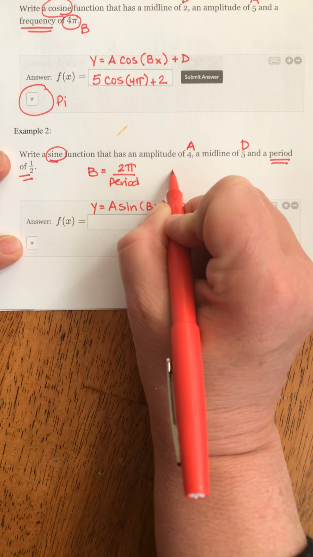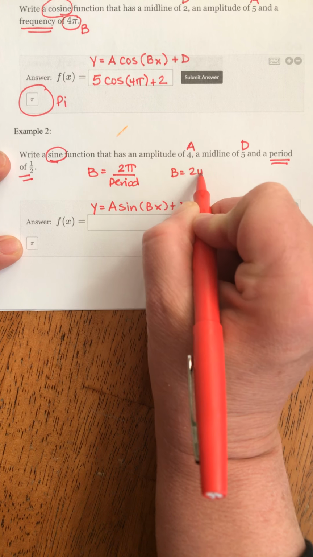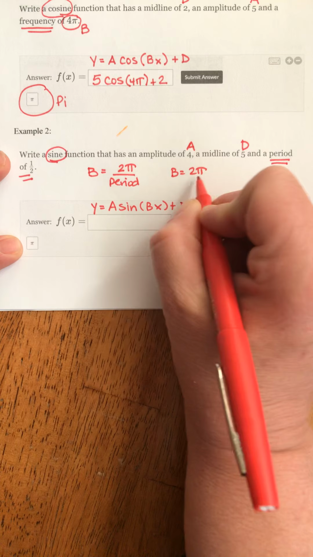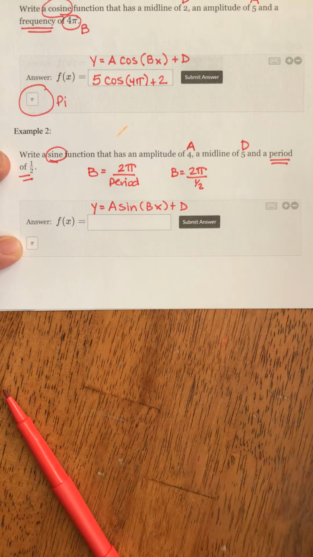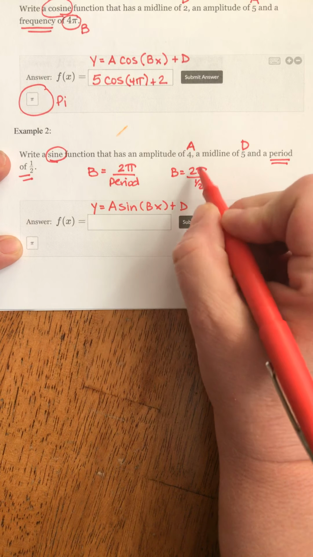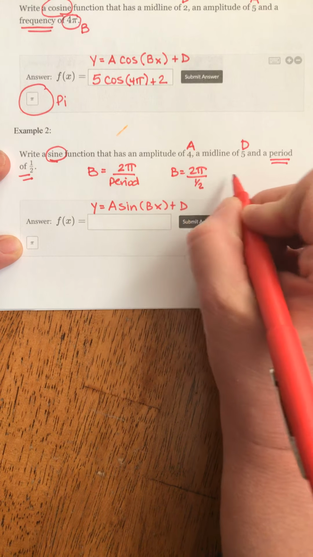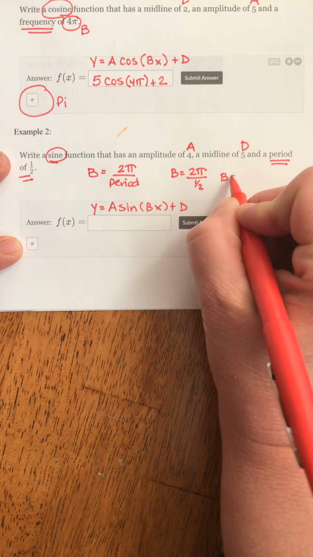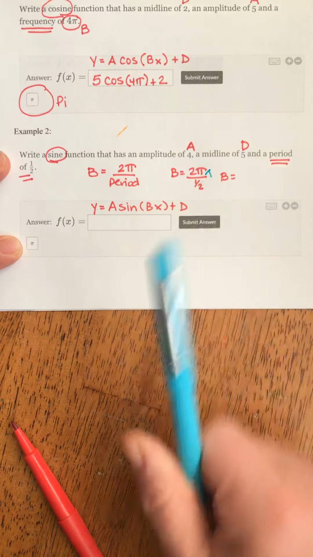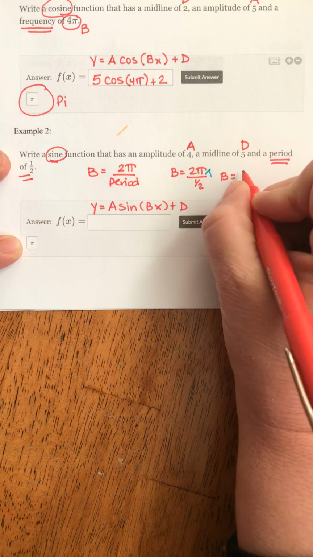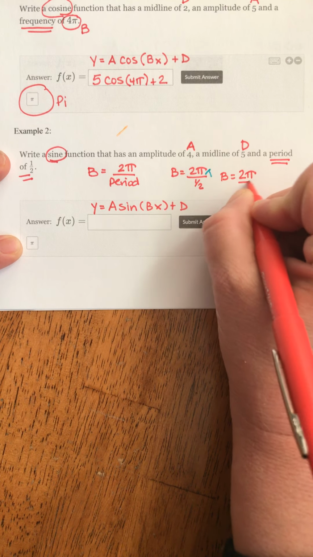So to get B, I'm going to do 2 pi, and they told me the period was 1/2. So that's 2 pi divided by the fraction 1/2. So let's go over what happens when you need to divide, you have a fraction inside a fraction. So the B value would be, you take the numerator and keep it the same, but I'm going to put it over 1. So it'd be 2 pi over 1, that's keep.